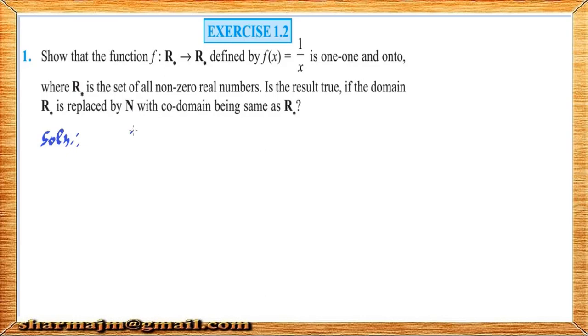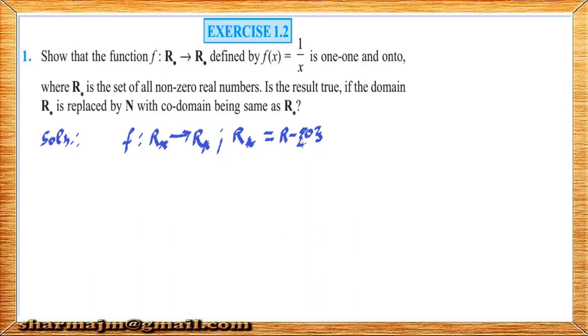So given f is a function from R star to R star, where R star is real numbers except 0, excluding 0.